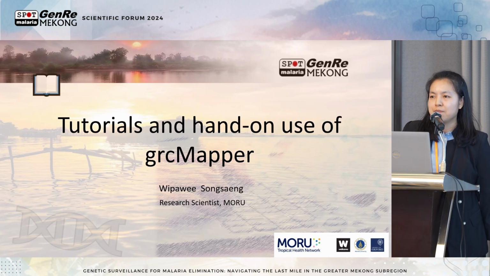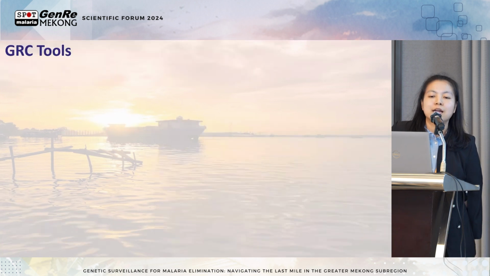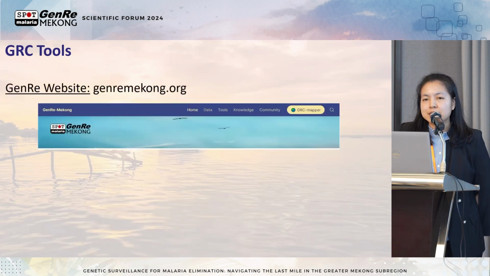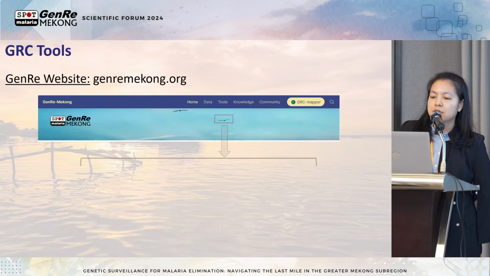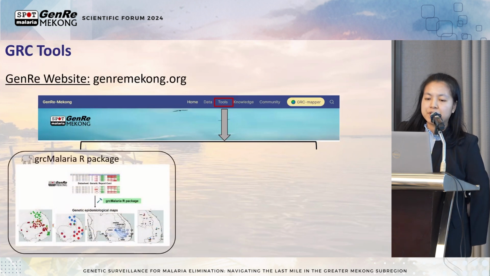First, before we begin, I just want to go to our GRC tool very quickly with you. When you visit our GenRe-Mekong website, you can see that we have different tools. The first one is the grcMalaria package.